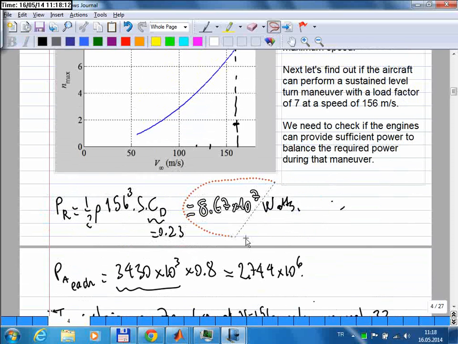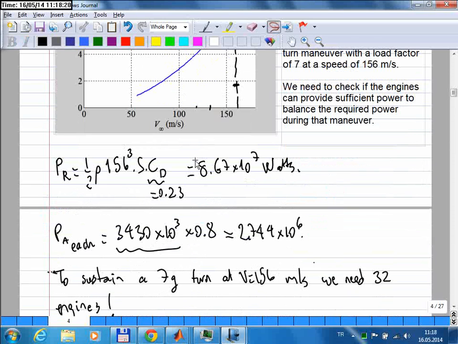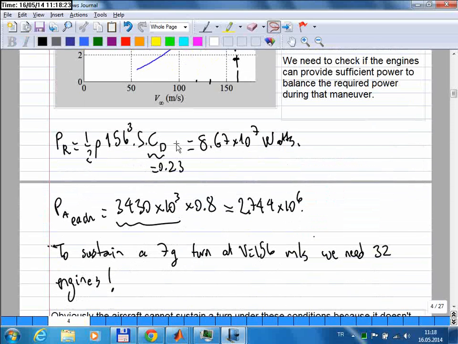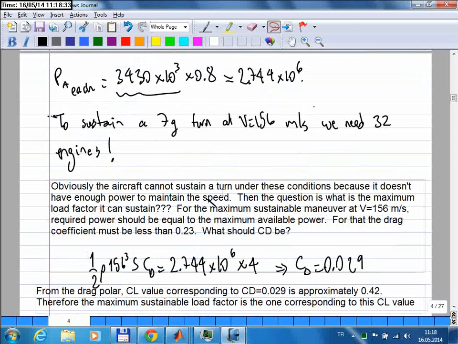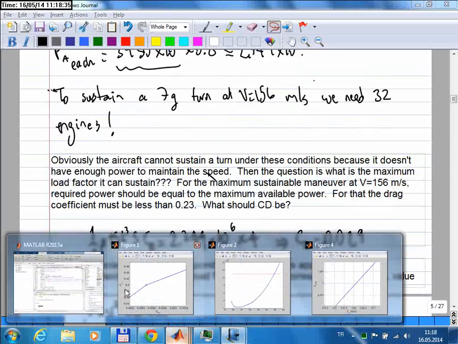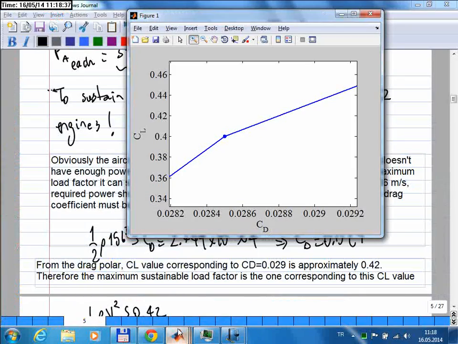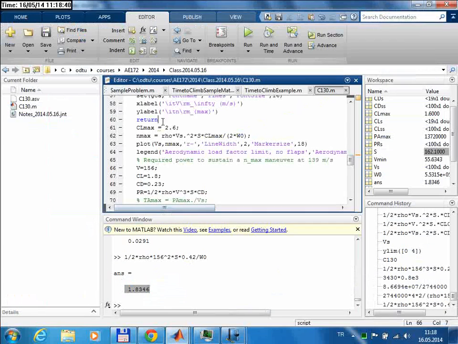The right hand side will not change, so the engine can provide this much power, not more than that. From that, you find the drag coefficient, and from the drag coefficient you go to the lift coefficient, and that lift coefficient will give you the limit for the load factor. So now we can go back to this MATLAB code and obtain the full graph from there.